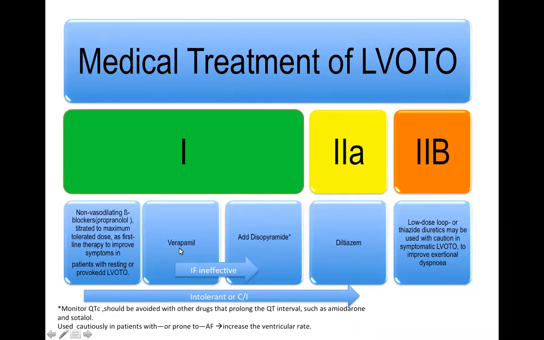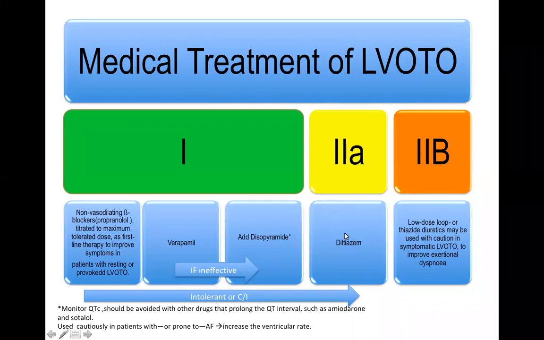If not effective, you can add disopyramide as an antiarrhythmic medication, but you have to take care because of the prolonged QT interval, and be cautious with other medications that lead to prolonged QT interval.